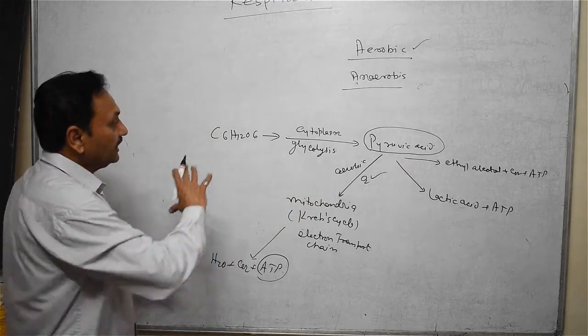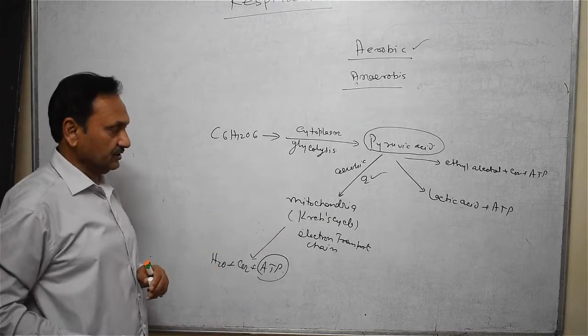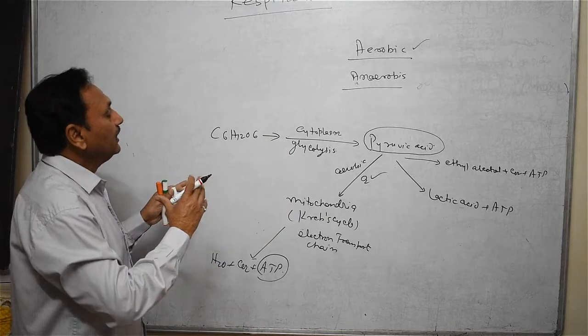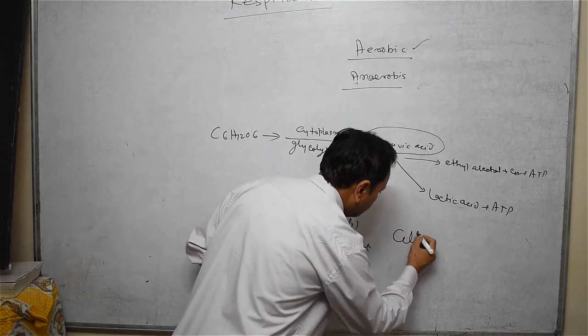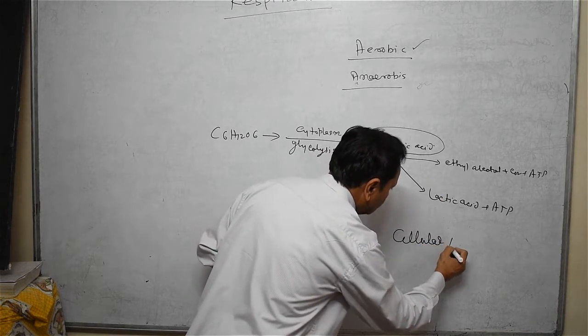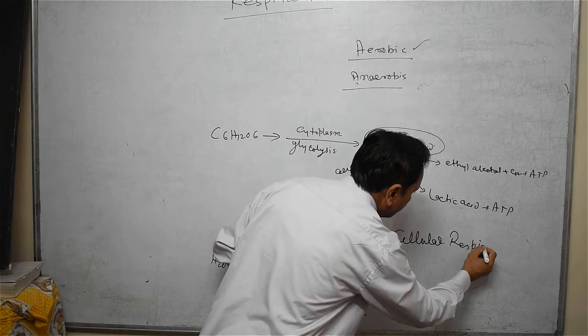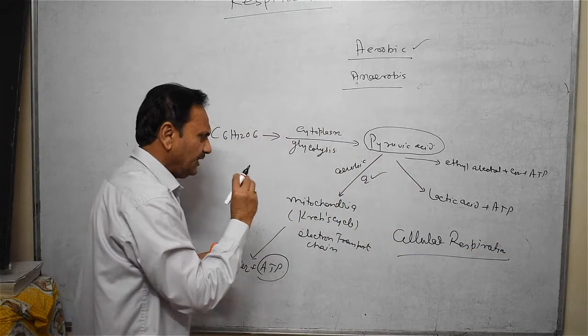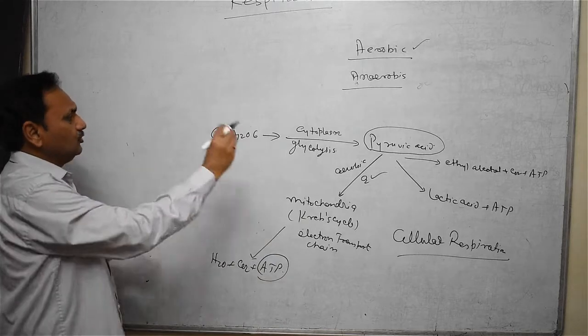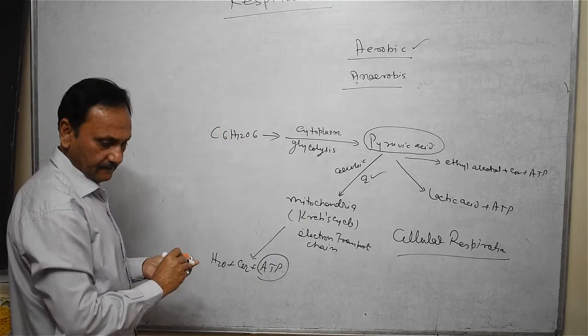Aerobic and anaerobic are the types of respiration, and actually this respiration is called cellular respiration. This is a very little knowledge about this particular cellular respiration.